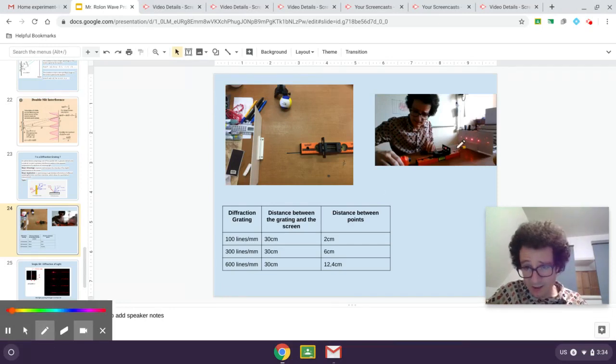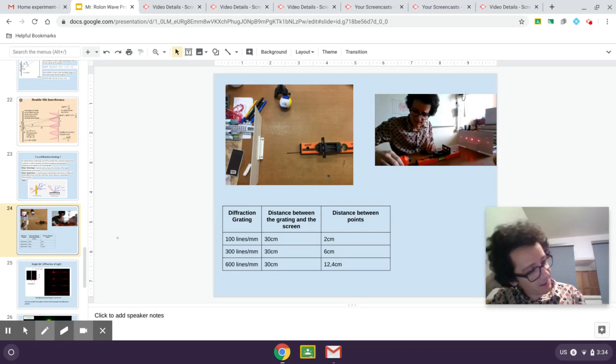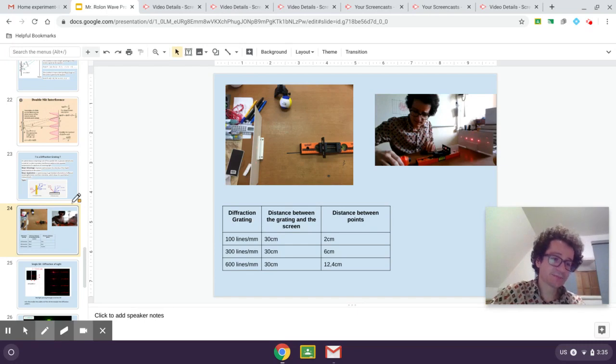That's why when I did the experiment, the dot in the center had more intensity than the others. And that's it about interference and diffraction. We proved that light behaves as a wave during the whole lesson.